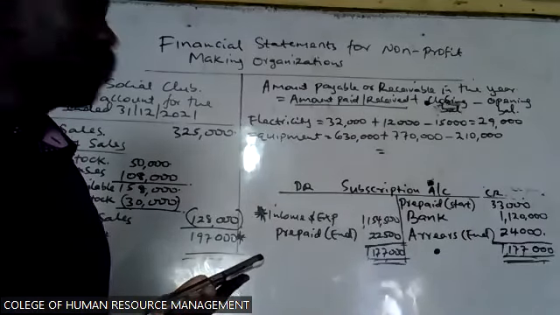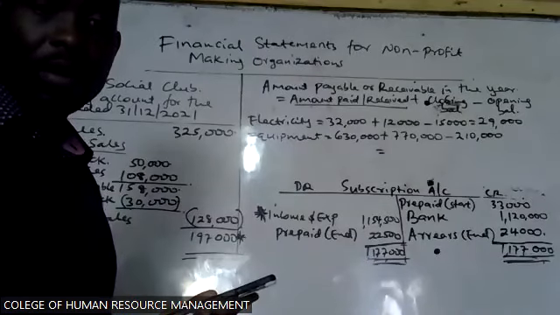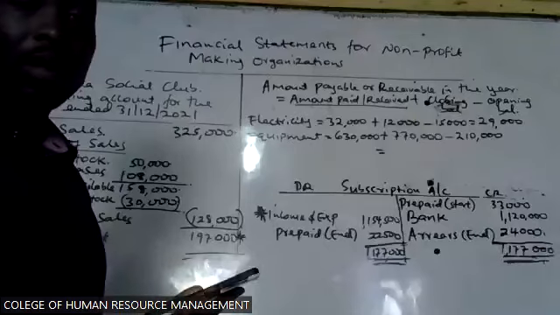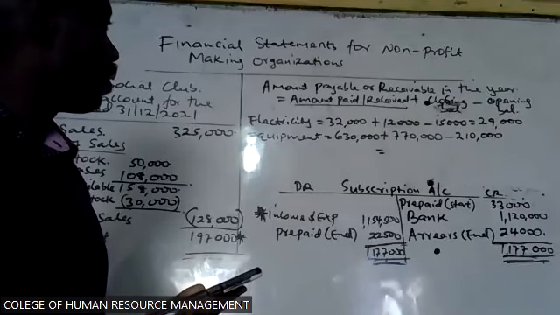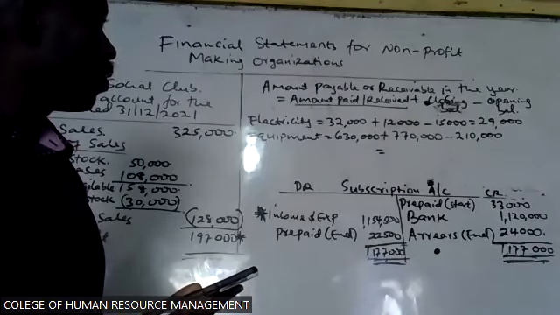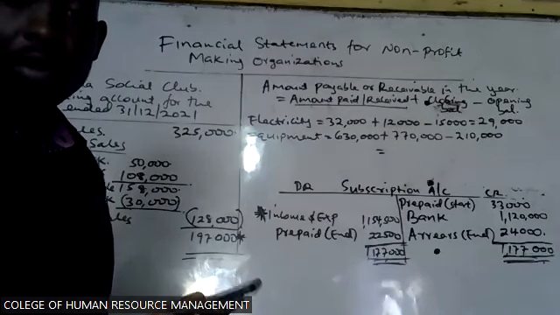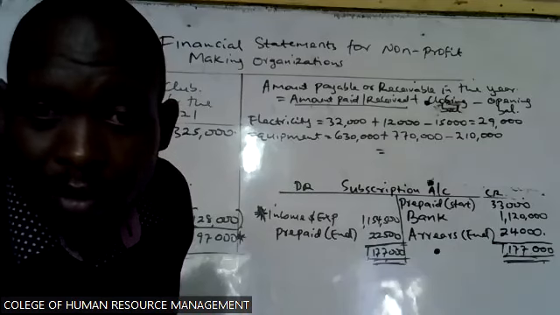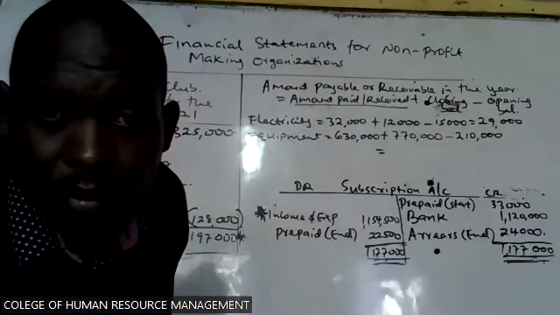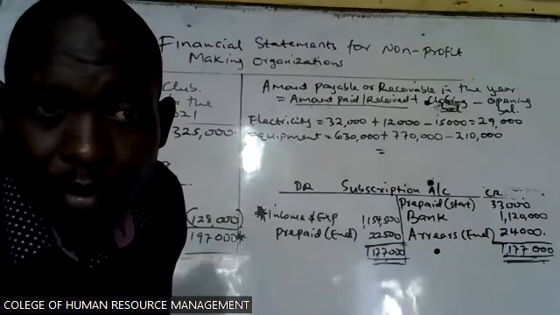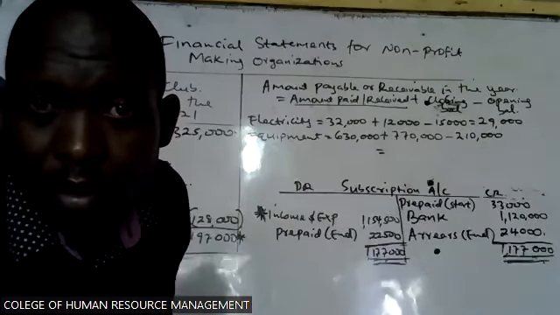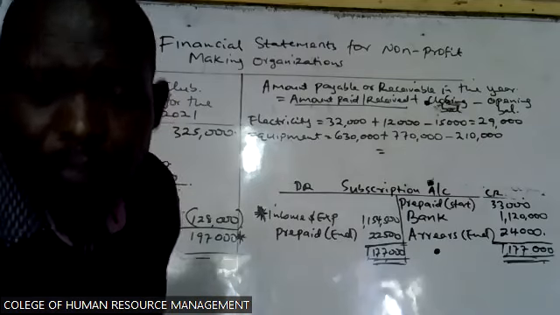Okay. Have you found it? 29,000. 1,190,000. What is saying 29? It is 1,190,000.